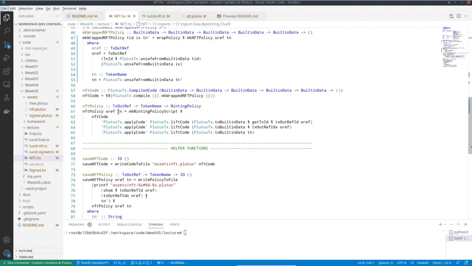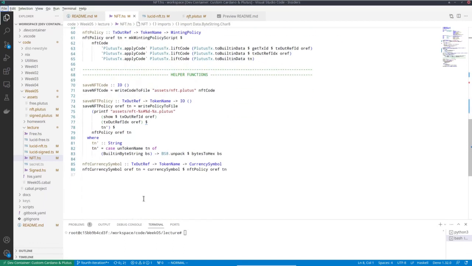I take my outref and extract the transaction ID and unwrap it from the TXID constructor, and I take the index. For the token name, I don't first have to unwrap it and can immediately serialize it to built-in data. As I said, I don't know why these two types are treated differently. It's just the way it's implemented.